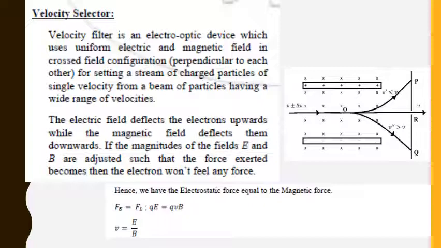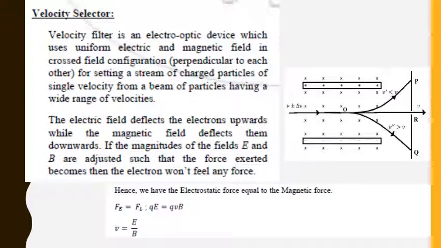Basically, it's an electro-optic device which uses electric field and magnetic field in cross configuration. We apply both the fields, electric field and magnetic field, in a certain region.